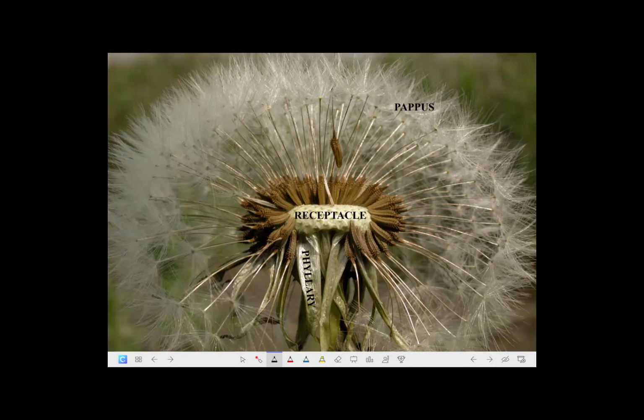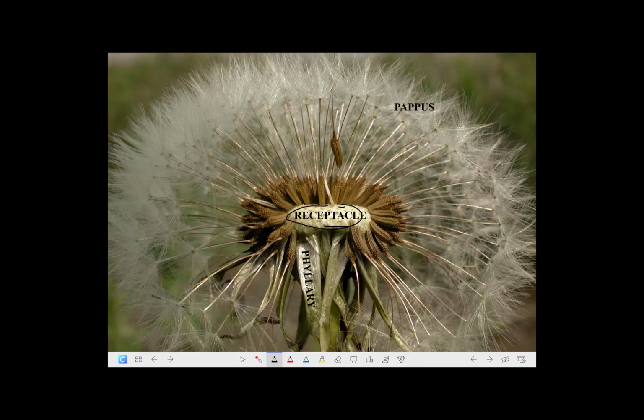Here's a picture of a dandelion in fruit, and this shows that receptacle, which in the case of the dandelion is smooth. Some Asteraceae have, subtending each flower, a sort of leathery, brittle, scale-like appendage that's called chaff.